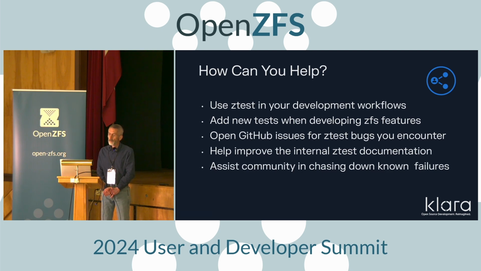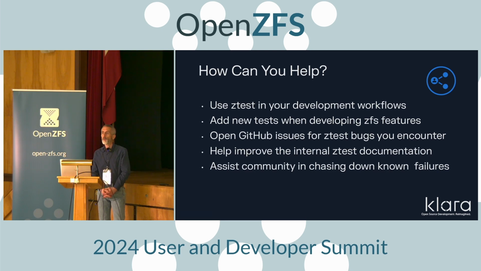And if you find a bug in ztest in your development, where every time you run it, it keeps finding the same thing, open an issue so that someone in the community can know about it and go chase it down. Often, with the randomness, how much memory you have, your CPU speed, all these variances, you get different behavior.